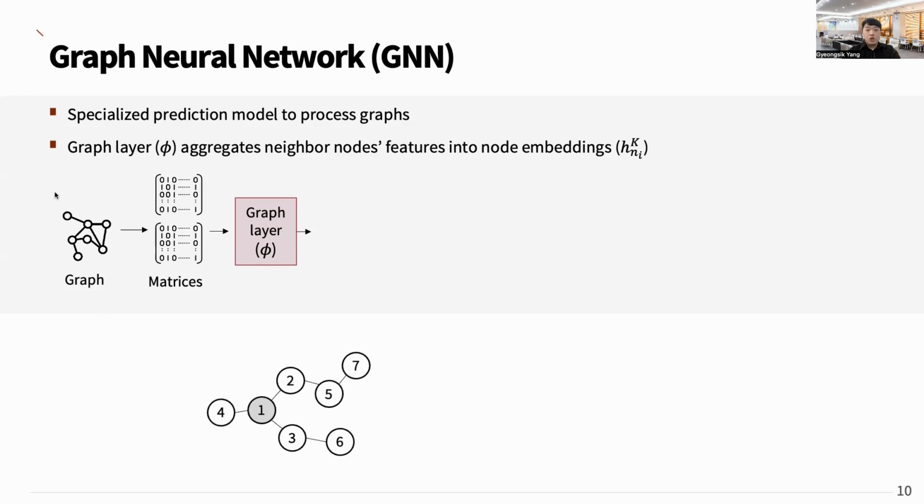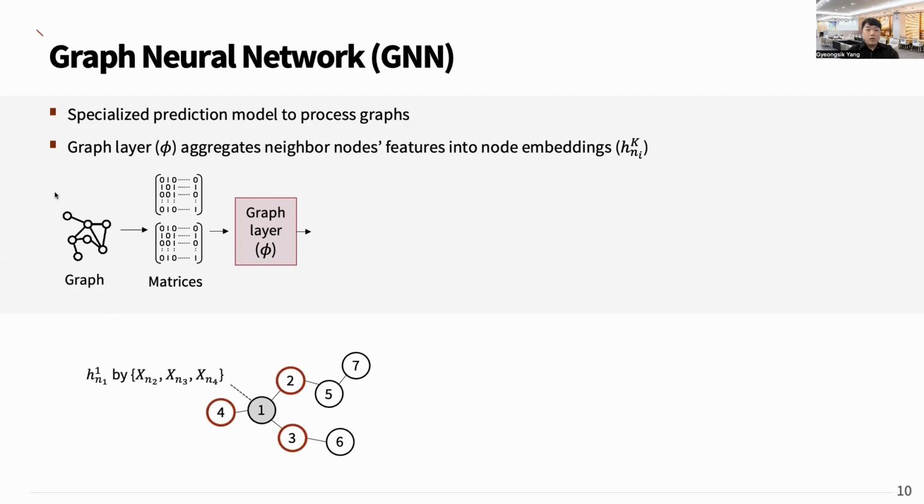For example, assume a graph of 7 nodes in the below. The neighbor nodes for the node 1 is 2, 3, and 4. Then the first graph layer creates the node embedding for node 1 using the features of the nodes 2, 3, and 4.